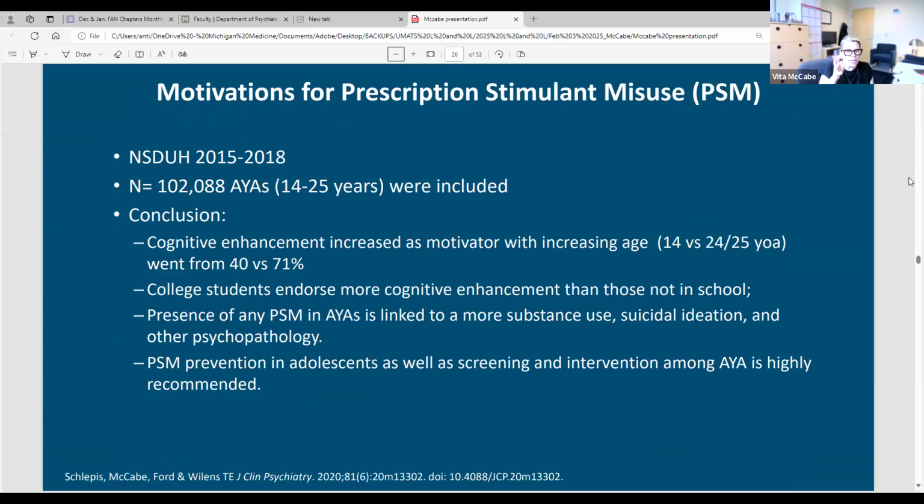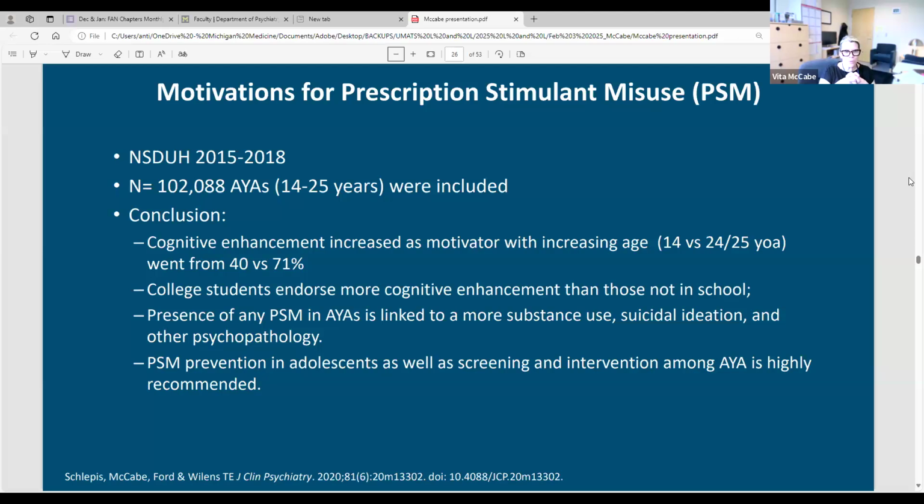At age 14, cognitive enhancement had a rate of about 40% as the motivator, but 71% by the age of 25. So not surprisingly, college students endorse more cognitive enhancement motivation than those not in school.